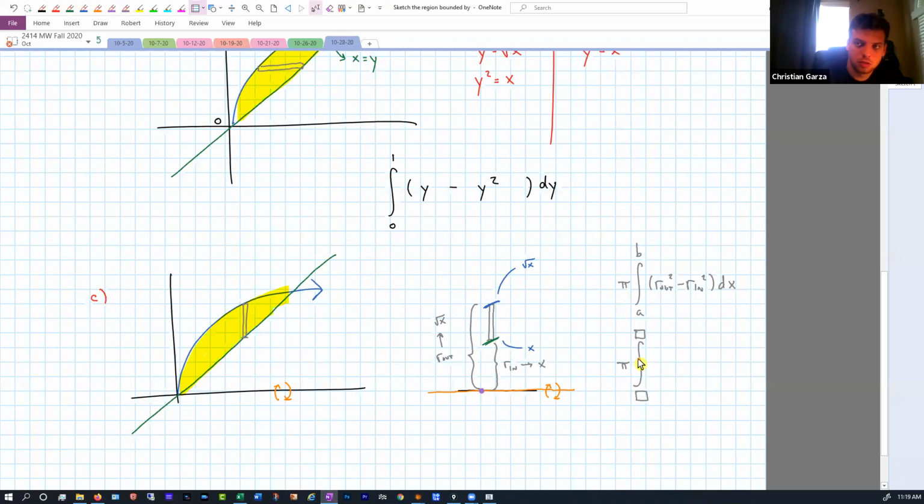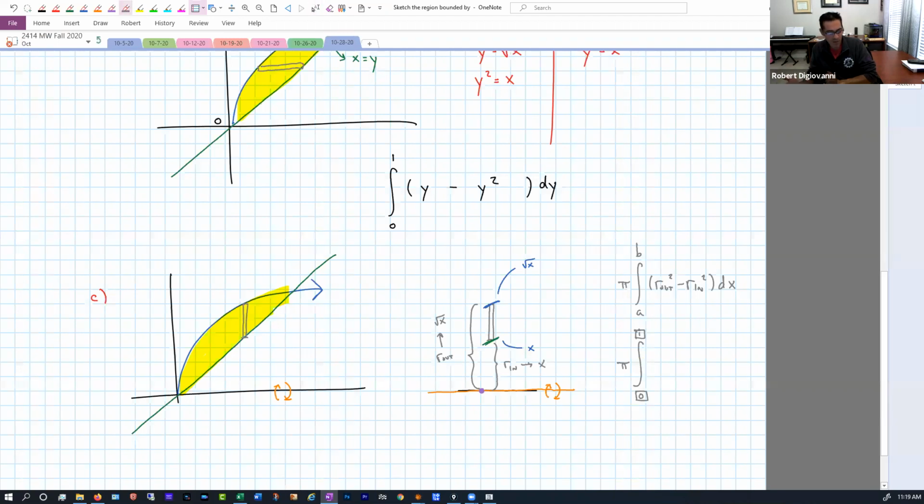Yeah, so we're still imagining that we're sliding a rectangle through, right? We're still doing that, but we're not finding the areas of those rectangles. We're finding the volumes of the washers that are created when we slide the rectangle. So we're still going to be going from 0 to 1. We're still sliding that rectangle through. Does that make sense?